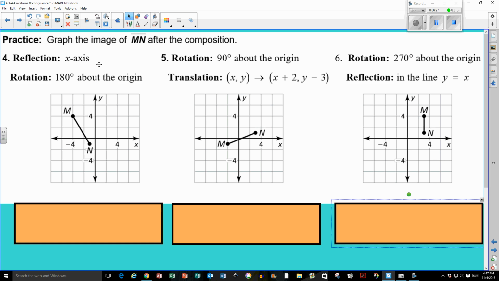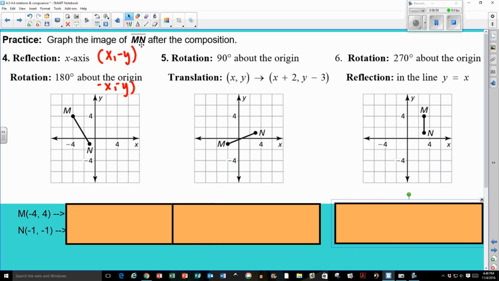Number 4. This time we're going to graph an image of a segment, and we're going to reflect it, and then we're going to rotate it. To reflect over the x-axis, x stays the same, y becomes opposite, and then to rotate 180 degrees, they do not switch places, they simply switch signs.